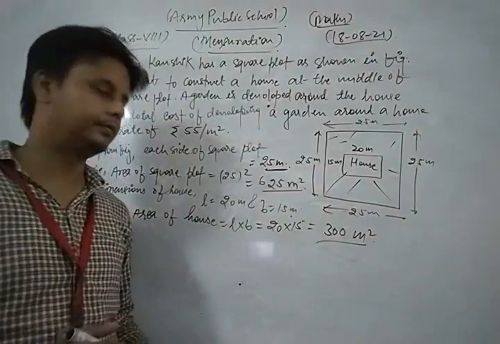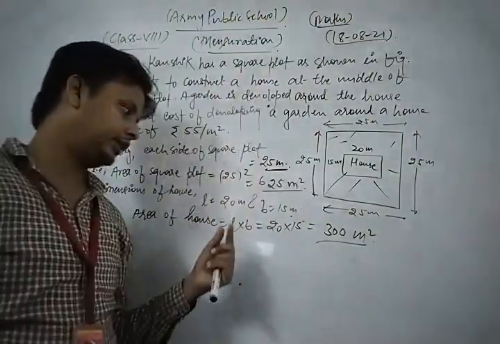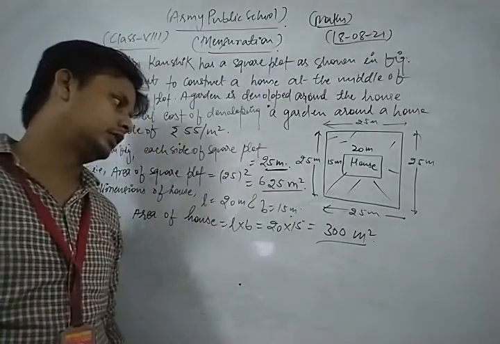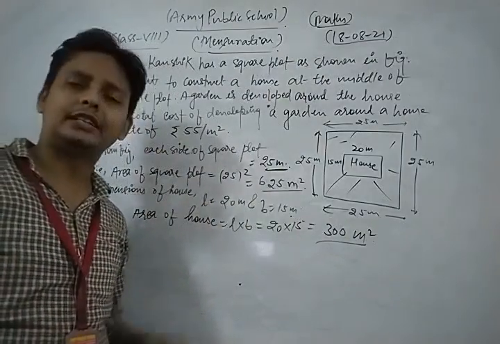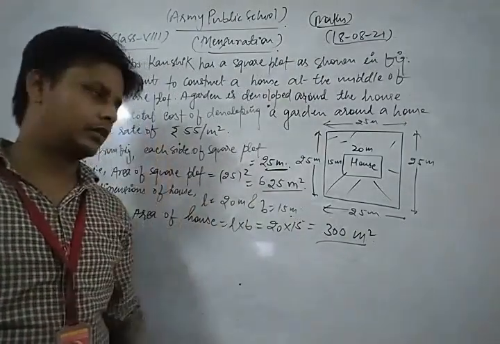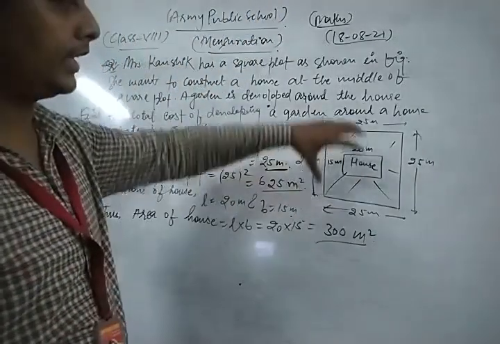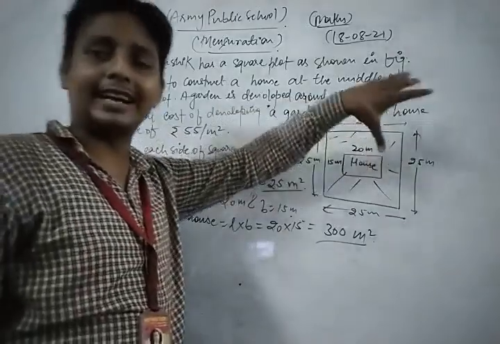In this way, we find the area of the house, which is 300 meter square.